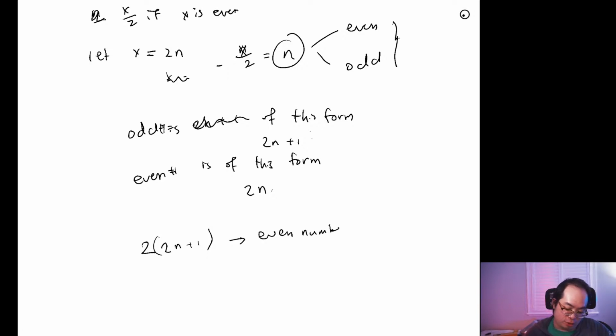And then if you multiply by 2 again, that makes another even number. So you're basically constructing even numbers right now.